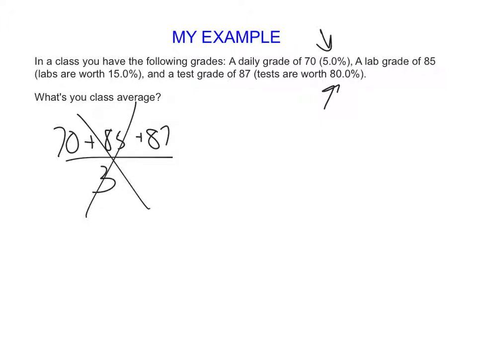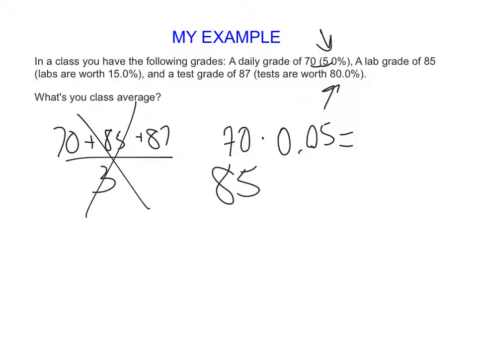So when we actually work it out, we're going to say, okay, well, my 70 is worth 5%. And notice I took that 5% and I moved the decimal over 2. In other words, I divided by 100. And I'm going to get a value out of that.